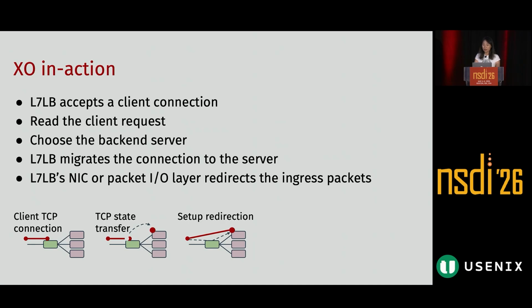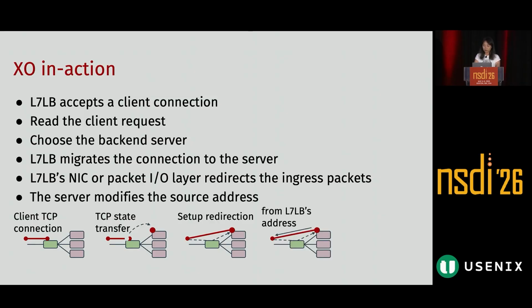The layer 7 load balancer then installs a packet redirection rule in its packet IO level, or NIC, so that future packets in the connection from the client will be redirected to the server. Finally, the server restores the TLS TCP connection and sends the response directly back to the client with the source IP address of the layer 7 load balancer.